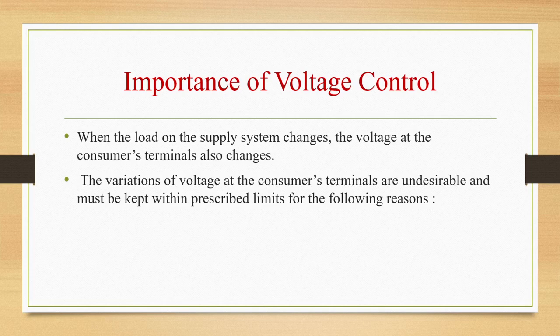As the load on the system increases, voltage at the consumer terminals will fall, and the reverse will happen if the load decreases. These voltage variations are undesirable and should be kept within the prescribed limits, plus or minus 6% of the declared voltage, and this can be achieved by installing voltage regulating equipment at suitable places.